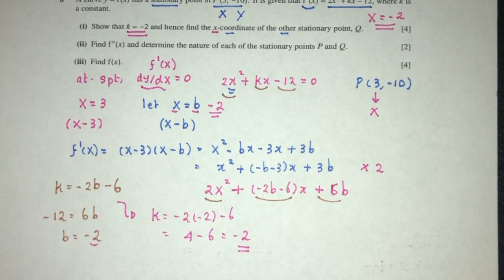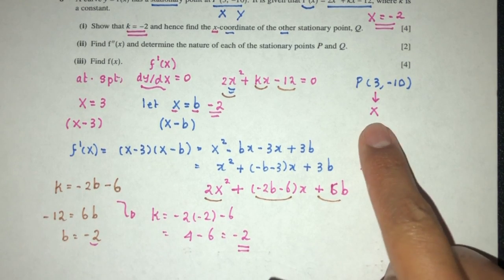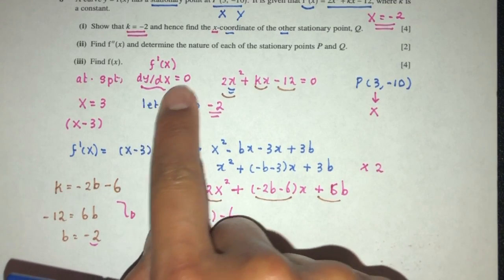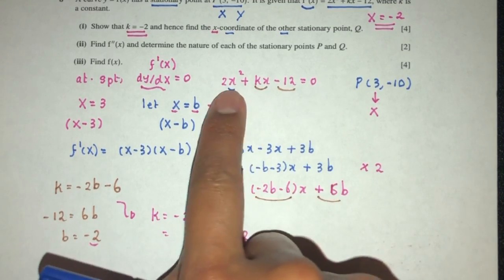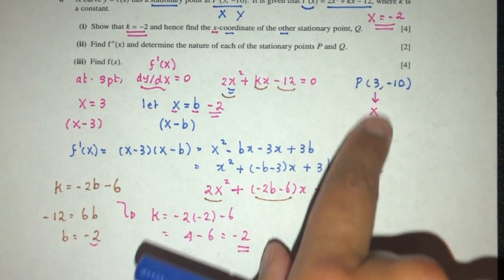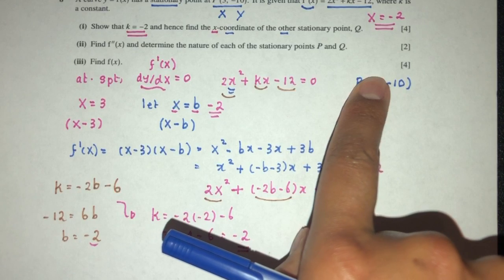Again, we were able to solve this by first understanding that we have a stationary point. On the point, we have an x value and the y value, but the x value is obtained from dy by dx at 0. So equate that, should give you this. Now we understand if you were to solve this equation, that will give you x as 3 as one of the solutions, right?